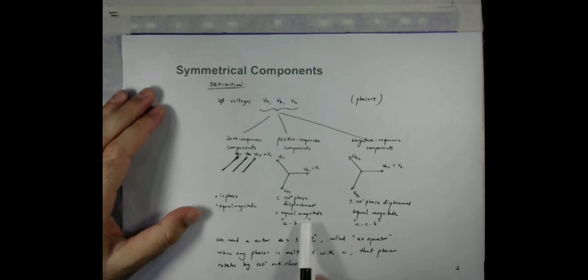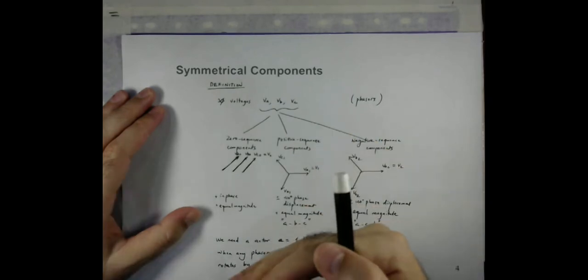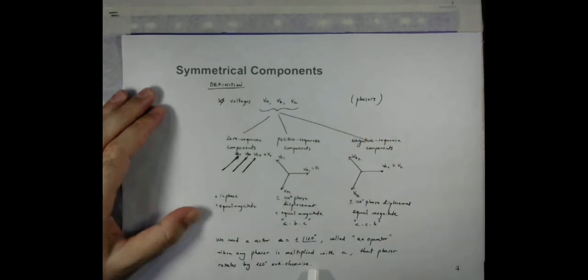Obviously, when it is multiplied with any phasor, the resultant phasor is shifted by 120 degrees anti-clockwise.